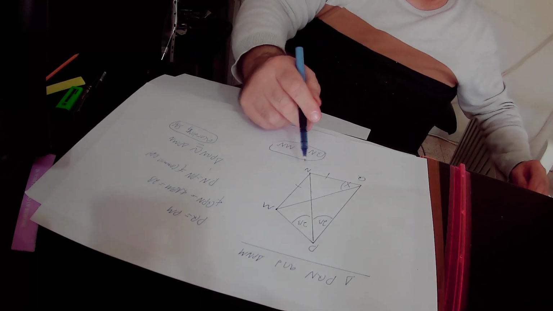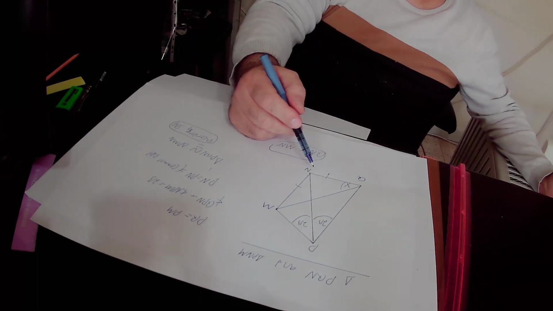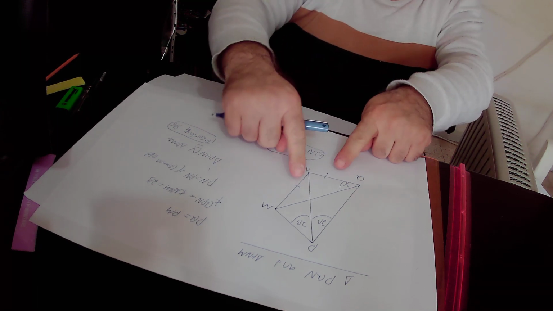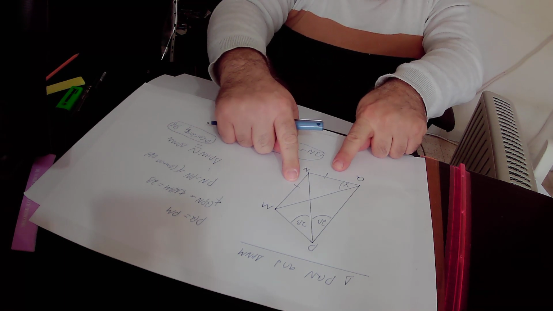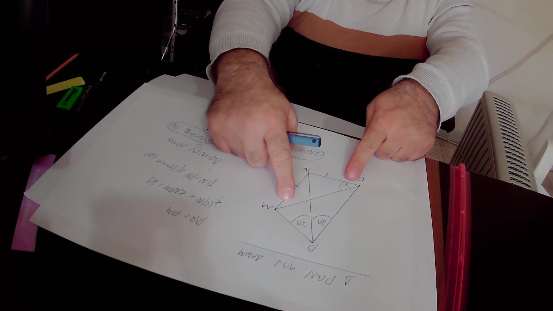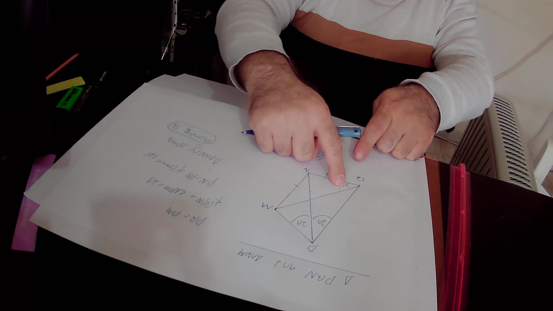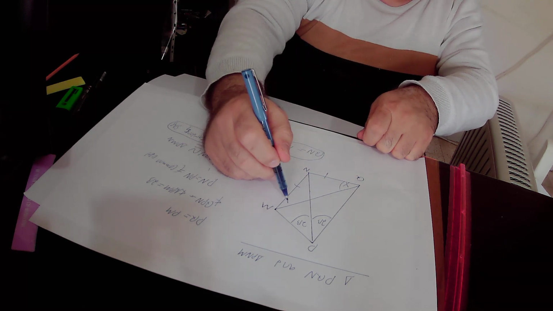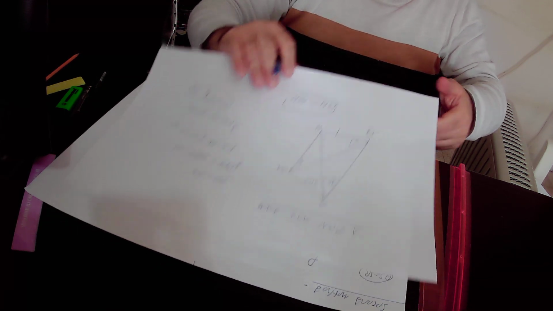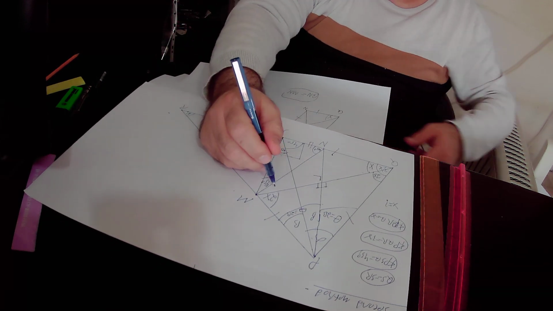And we have the rule that states that in front of equal sides in a triangle there are equal angles. Those two sides are equal, therefore in front of them we have equal angles. If this angle equals x, then this angle must also equal x.